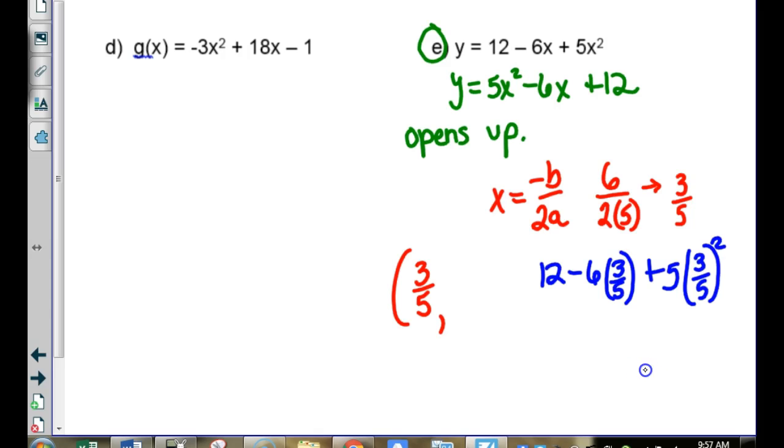It's 51 over 5. I did do that in my head. I got 51 over 5. Okay. What else did it ask for? Oh, axis of symmetry, right? Which would be x equals 3/5.